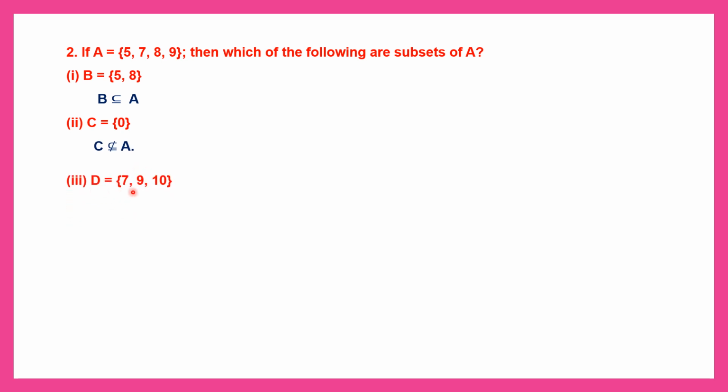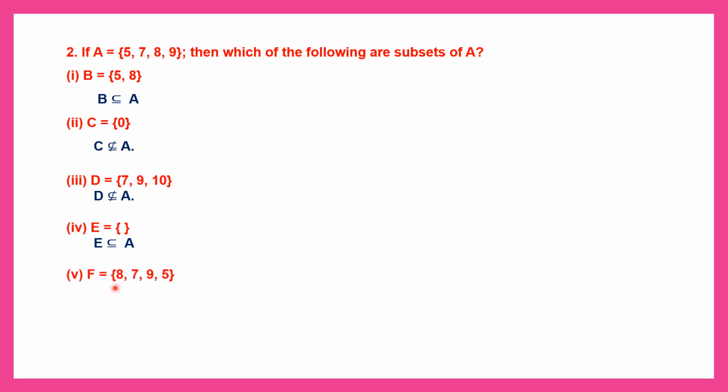Second one, D is equal to {7, 9, 10}. 7, 9 but 10 is not there. So that means D is not a subset of set A. Now this is how we write not a subset. We write the subset symbol and put a cross. So not a subset. Similarly here also D is not a subset of set A. Question 4. E is an empty set. Remember, an empty set is always the subset of every set. So here you can say E is a subset of set A. Question 5.